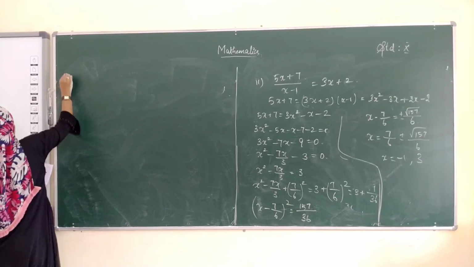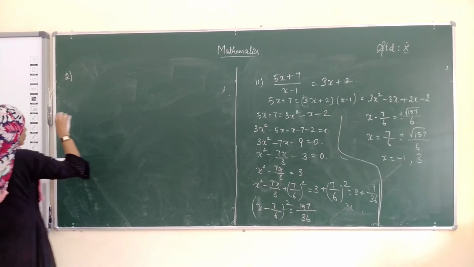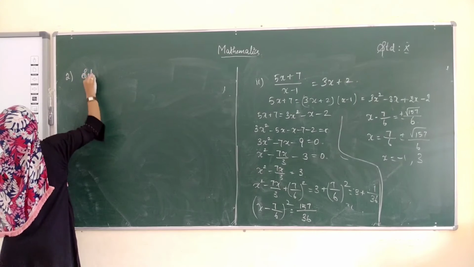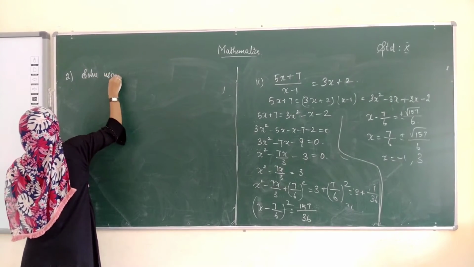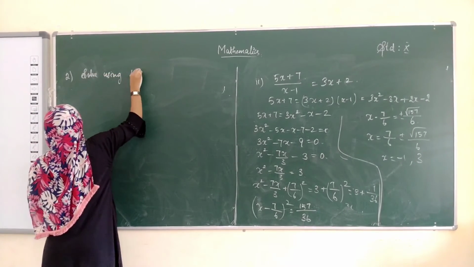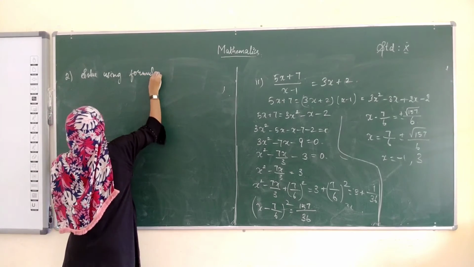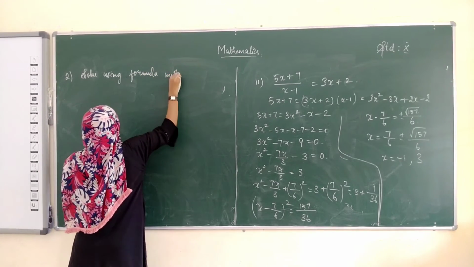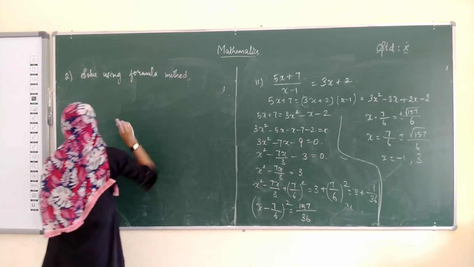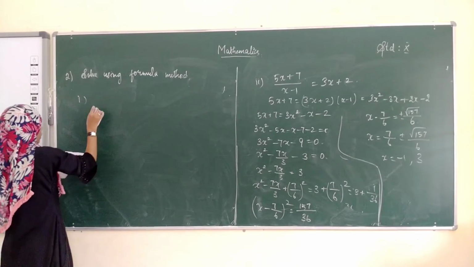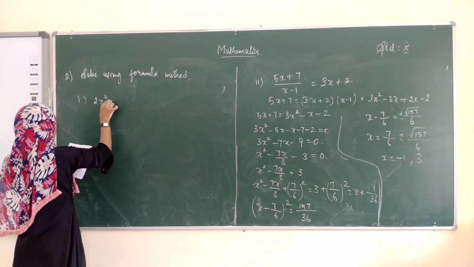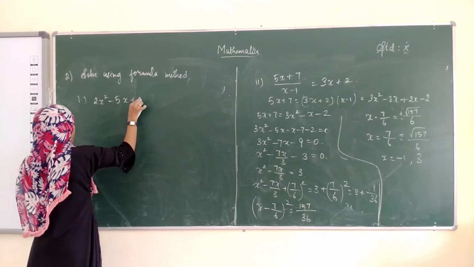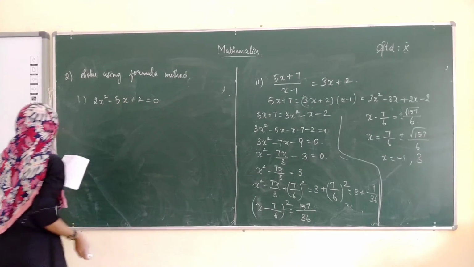Okay, now we are moving on to the next question. Solve the equation using the formula method. Okay, what's the first equation? 2x squared minus 5x plus 2 equal to 0.